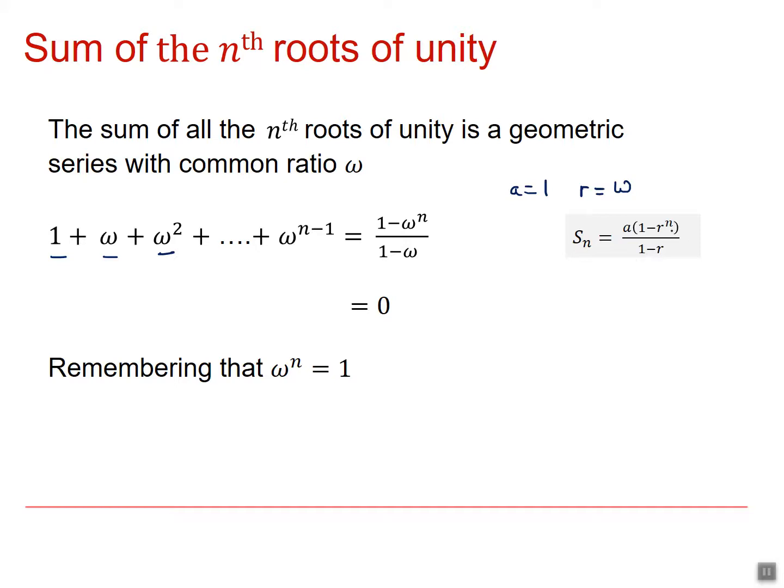Well, the sum for that is going to be 1 times 1 minus omega to the n, divided by 1 minus omega. But that's equal to 0 because we know that omega to the n is equal to 1. So if we add all of our nth roots of unity together, whatever the value of n, we will always get 0.